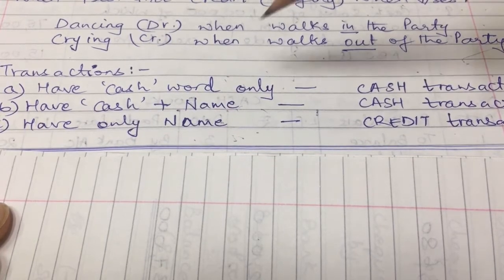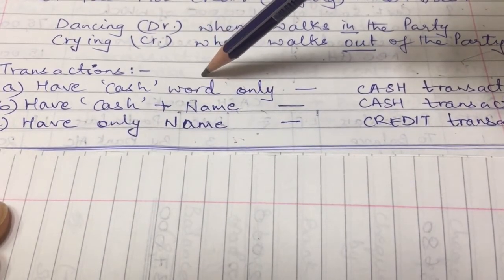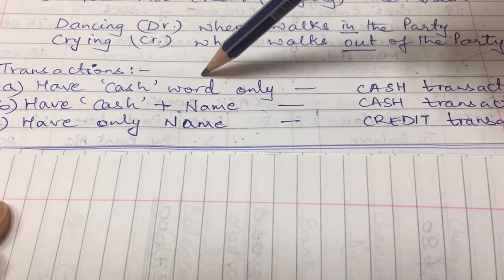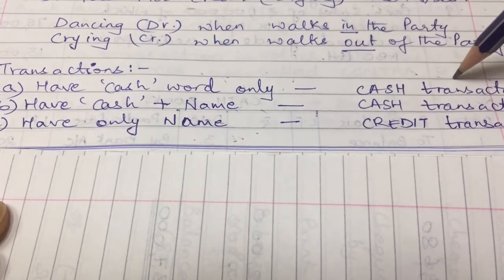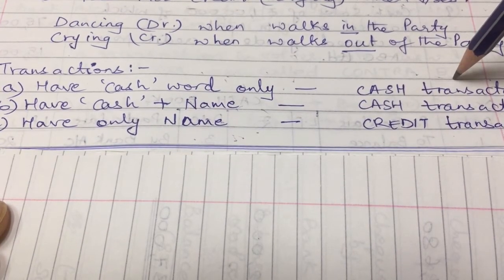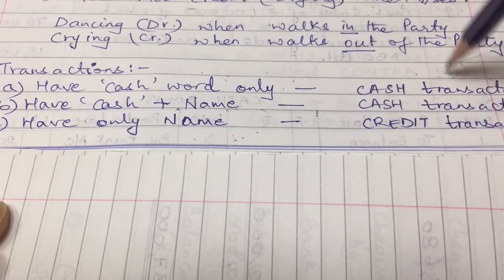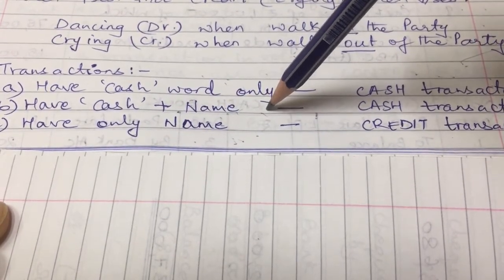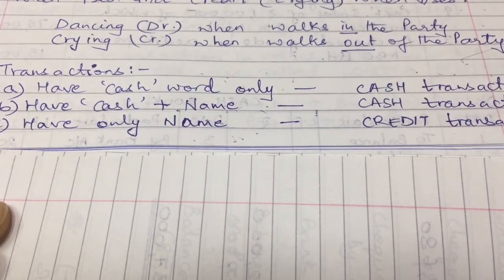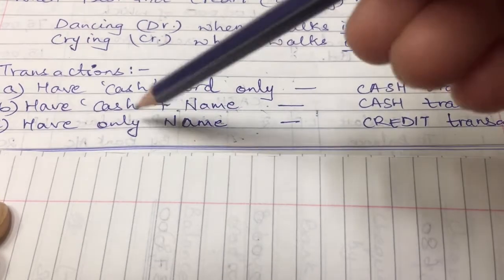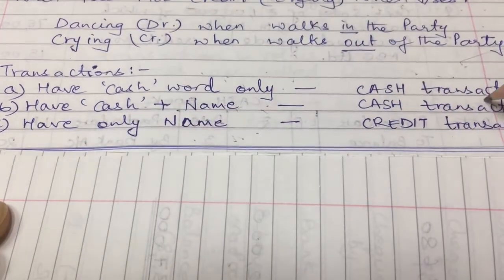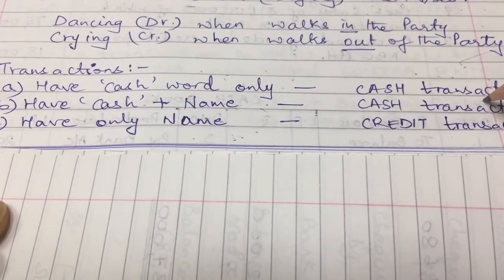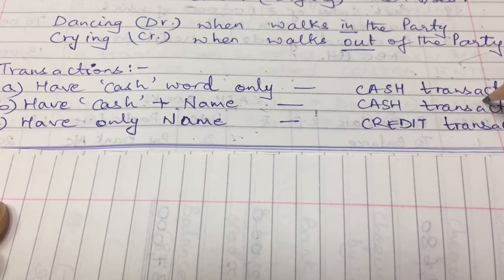If there is a word cash mentioned in any of the transaction, you take it as a cash transaction, you record it into the cash book. If there is a cash word and the name of the third party, let's suppose company name or debtor name or person name is mentioned along with the word cash, you will again consider it as a cash transaction and record it into a cash book.